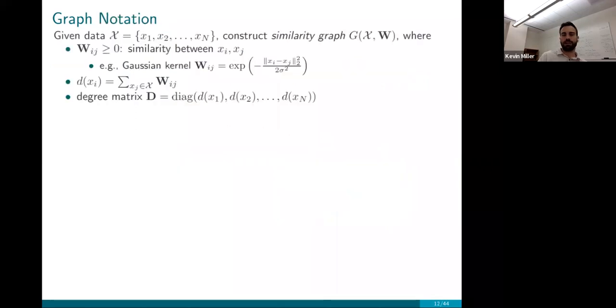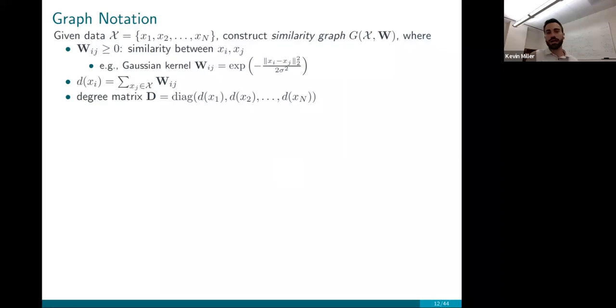As we'll be talking more about graphs, I want to set up some common notation. Given the set of inputs X, we'll interpret this as a set of nodes of a similarity graph that can be identified by an edge weight matrix W, where the ij-th entry W_ij represents the similarity between x_i and x_j.